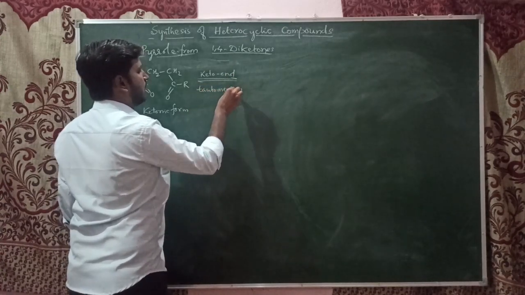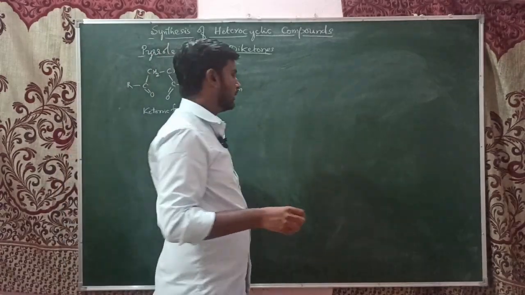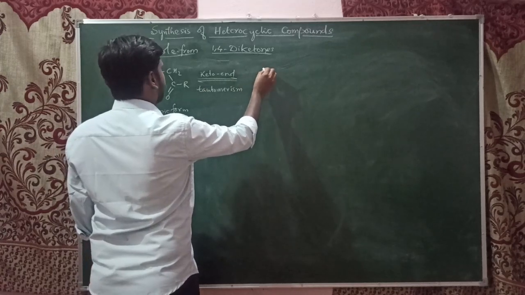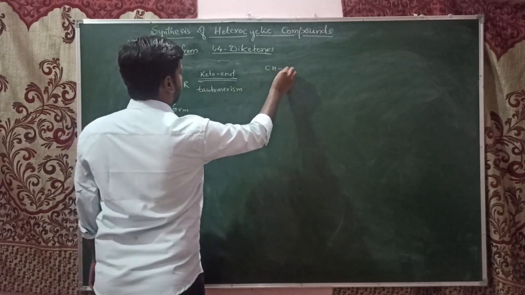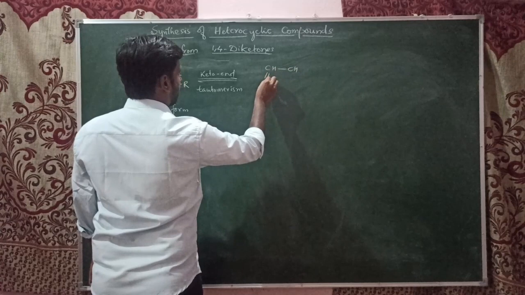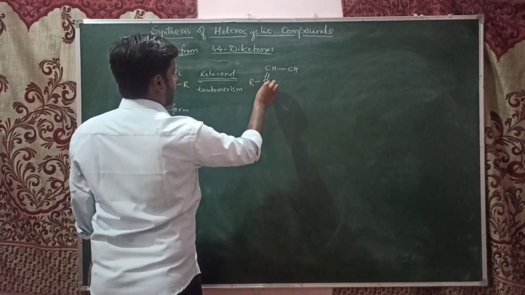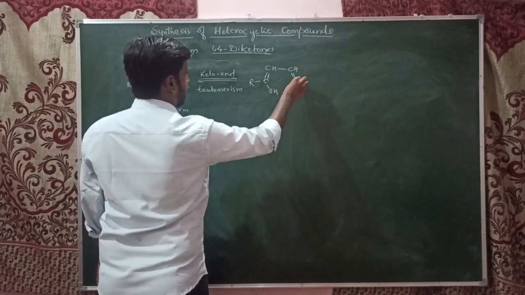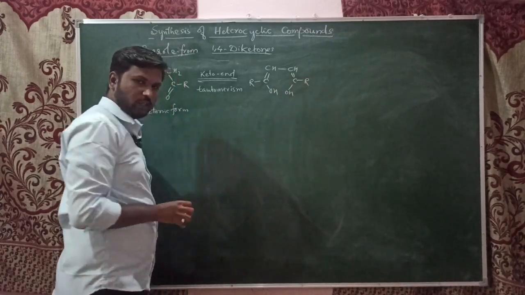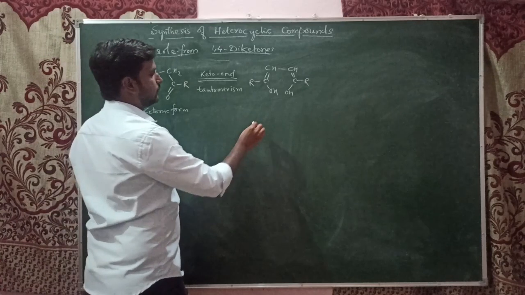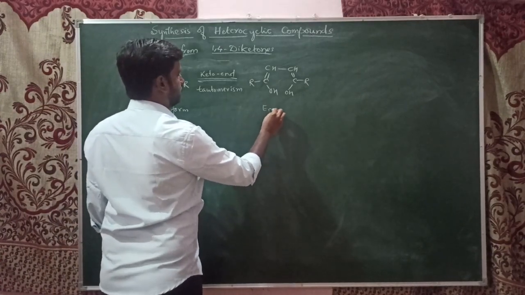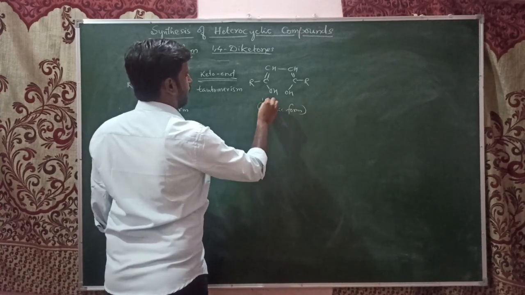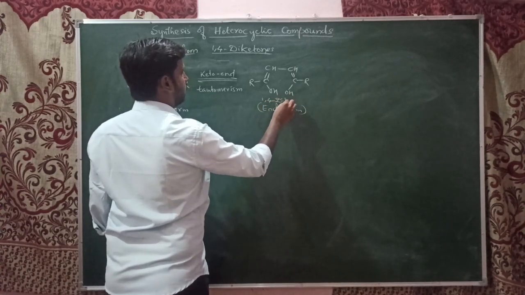It is dynamically present in another isomer, the same compound, that is the enolic form. This is the enolic form of 1,4-diketone.